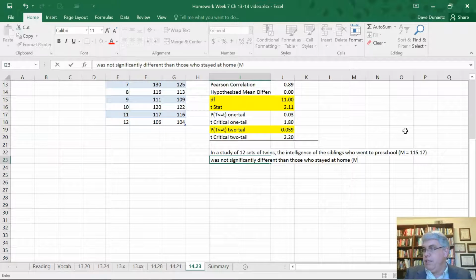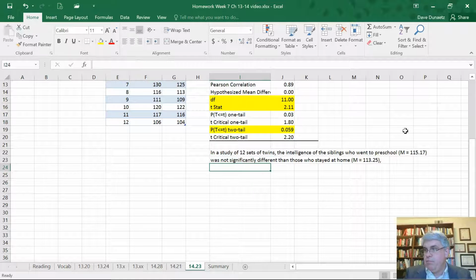We've got the mean equals 113.25. And then we have to report the statistics. So Ctrl+I, t, Ctrl+I, then parentheses, the degrees of freedom are 11.